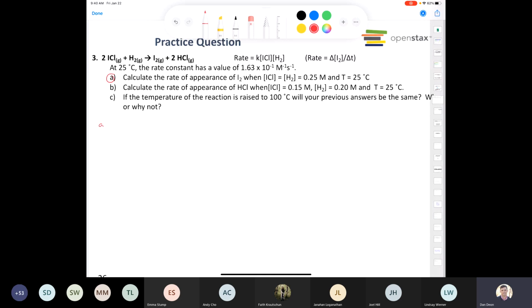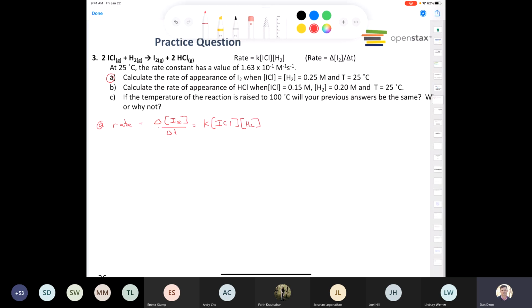Well, they're telling us that the rate is measured as the rate of appearance of iodine, I2. So that means the rate is going to be delta, the change in concentration of I2 over the change in time, which is equal to K times ICl times H2.